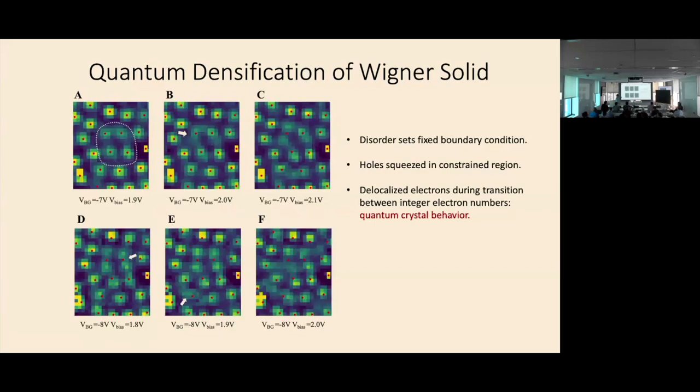And when the electron density is further increased, it forms this 5th electron over here. Similarly, if you further increase the electron density, it becomes fuzzier, and then it becomes a more well-defined 6 particle state here. So it's like you are adding a quantum defect into this local region. That's how the density increases in this solid region.